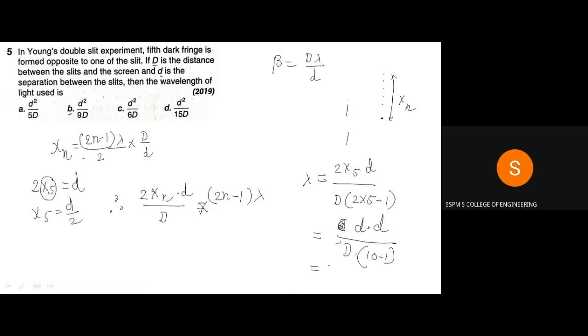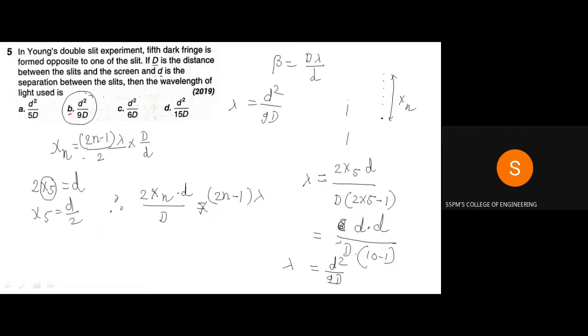So it is coming as d square upon 9D. So as per this formula, we have calculated lambda in terms of small d and capital D. So lambda comes out to be d square upon 9D. We'll check that. So this is the correct answer.